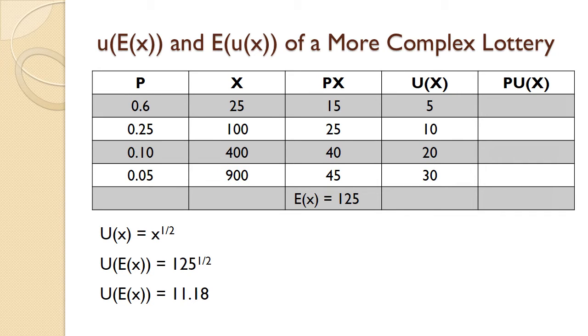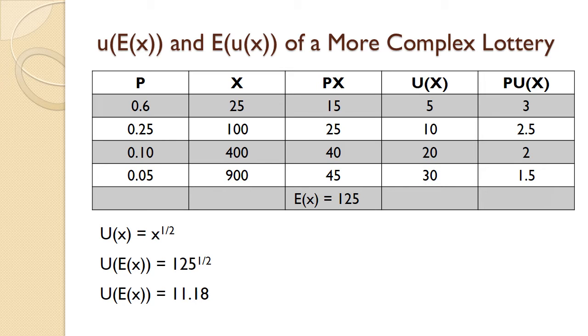Now we look to the far right-hand column, which is the probability times each utility that she could receive. And we're going to populate that column by multiplying each utility by its probability. So 60% times 5 gives us 3. 25% times 10 gives us 2.5. 10% times 20 gives us 2. 5% times 30 gives us 1.5.